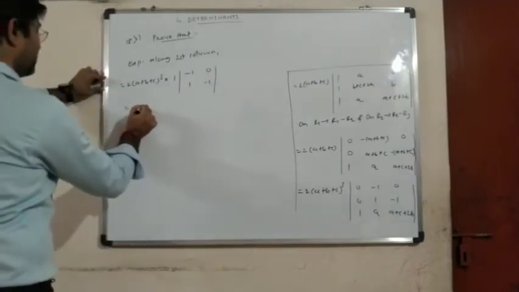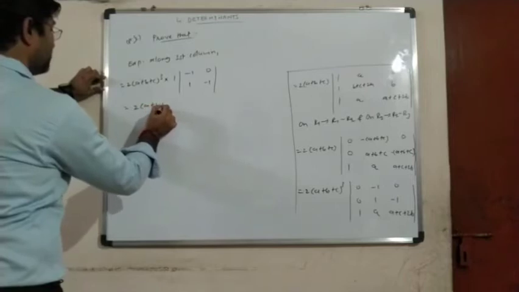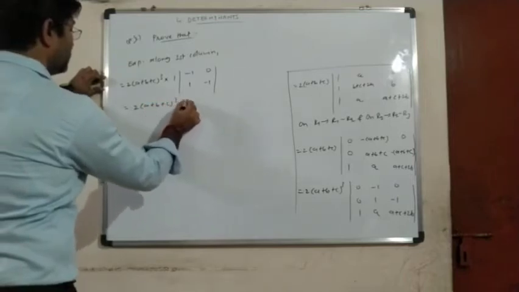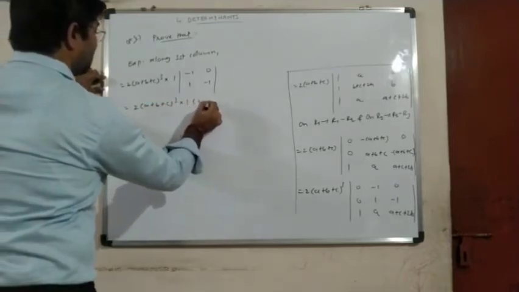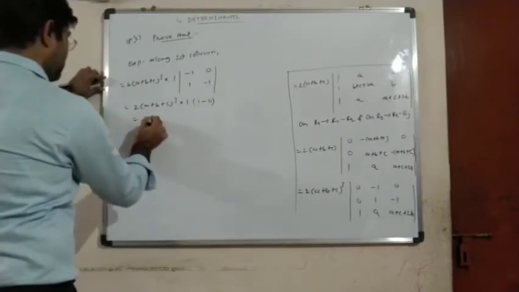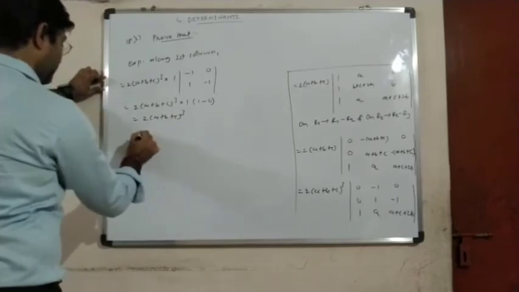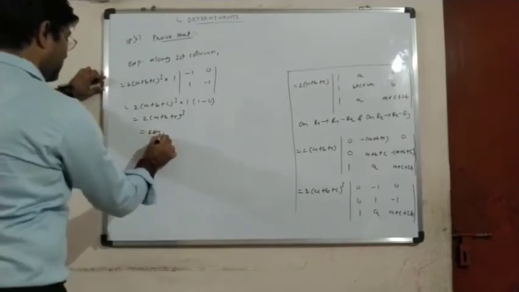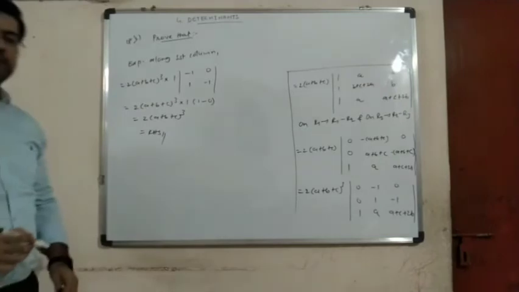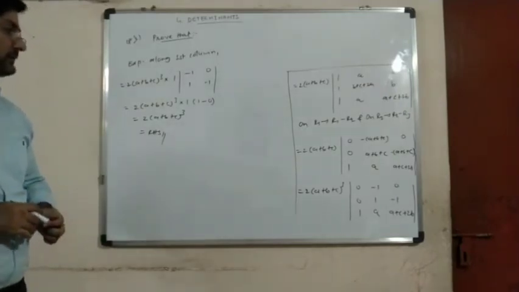Okay, further simplifying, 2 into A plus B plus C the whole cube into 1 minus 0, which is equal to 2 into A plus B plus C the whole cube, which is equal to the right hand side. Okay, so this is the required answer. Clear?